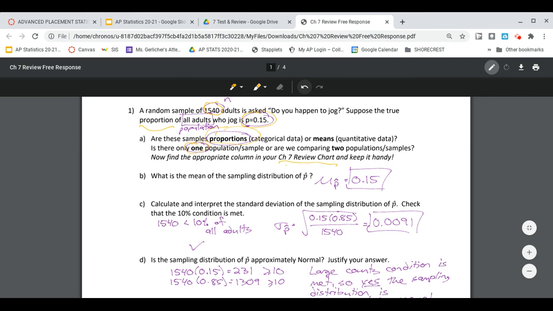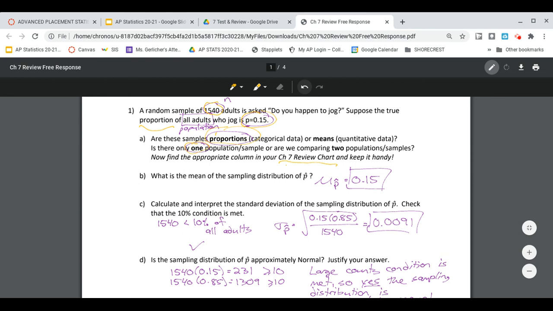Okay, so part B here is always just going to be pulling out the population proportion or mean, in this case 0.15. Okay, so then C, for the standard deviation equation, we need to check the 10% condition. And for sure, 1,540 is less than 10% of all adults. What if we multiply that by 10, you'd get 15,400.